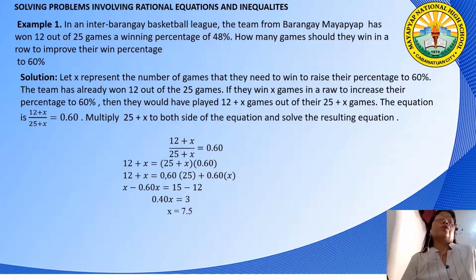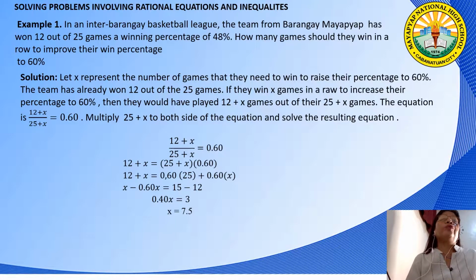Then multiply 25 plus x to both sides of the equation and solve the resulting equation. So, we have 12 plus x over 25 plus x equals 0.60. Then, applying your knowledge in algebra, you apply the cross multiplication process.